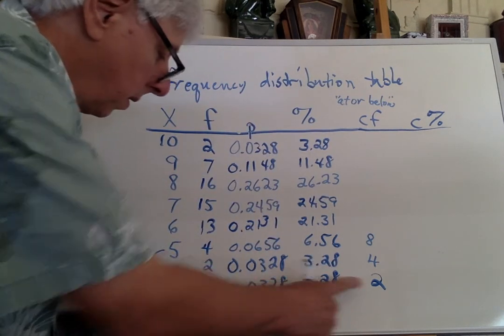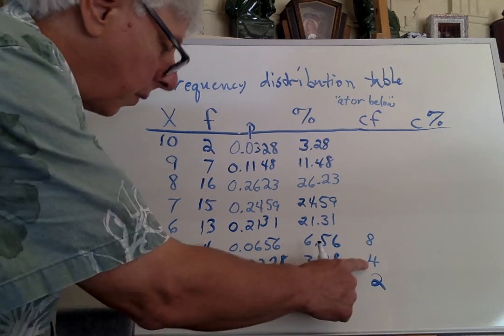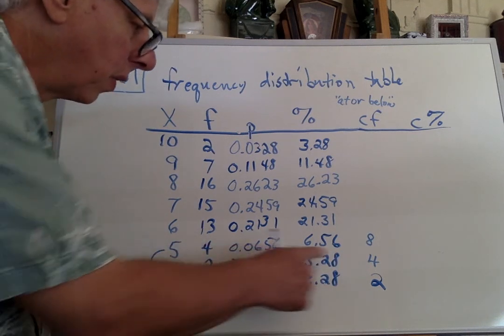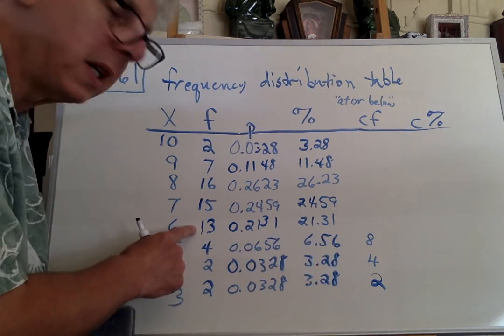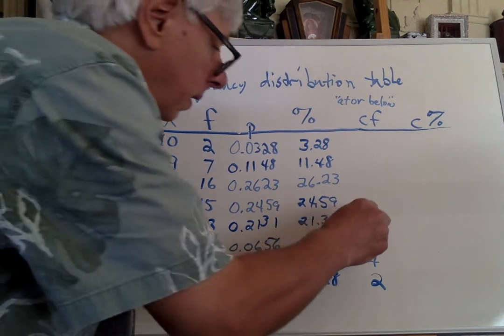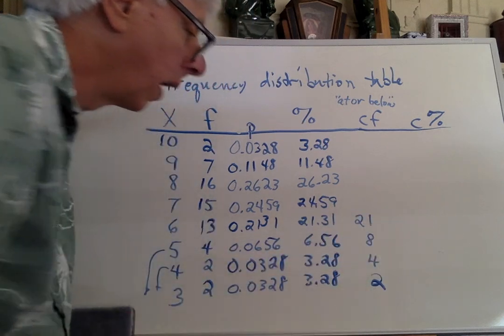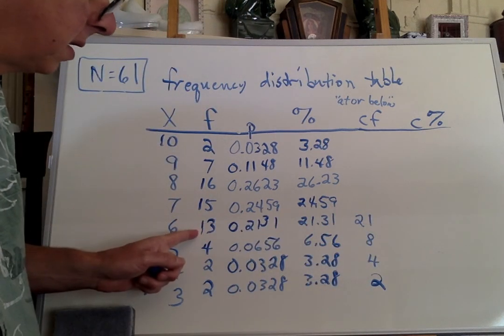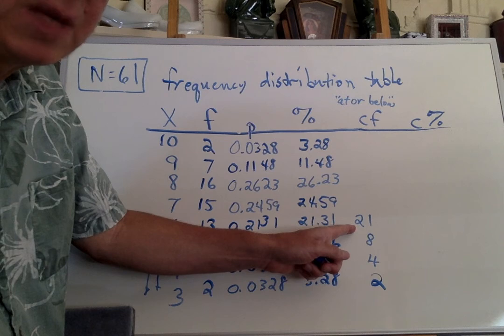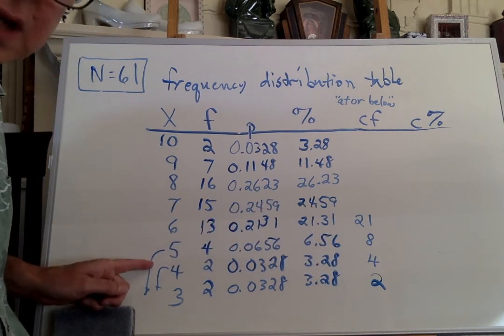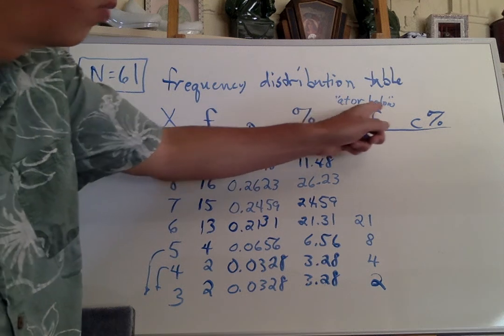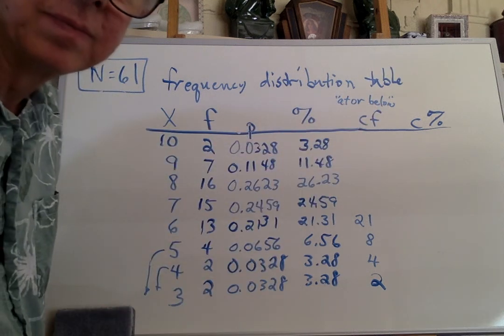So 2 plus 2 more is 4, plus 4 more is 8, plus 13 more is 21, okay? 8 plus 13. So 21 people said that they were happy at 6 or below 6. That is at or below.